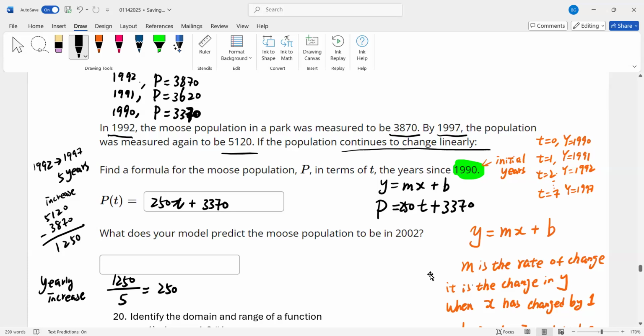Then 1991, 250 more. 1992, another 250 more. So over the 2 years, we should have 500 more. 500 is a pretty convenient number. If we add 500 on top of 3,370, we should have 3,870. Okay, the number matches. Yeah, this is the correct answer. That's the model we have.